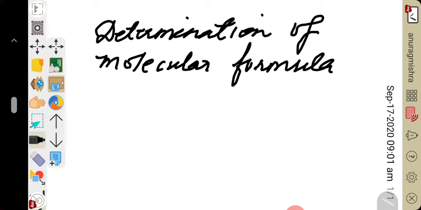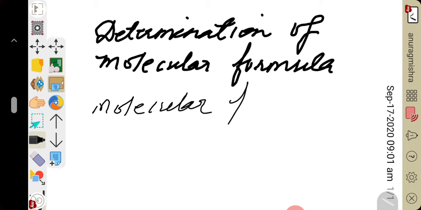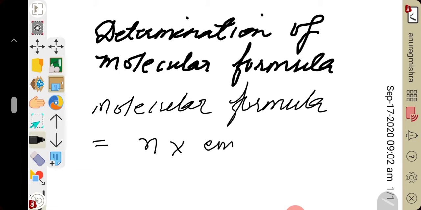Always remember a formula: molecular formula is equal to n into empirical formula, right?